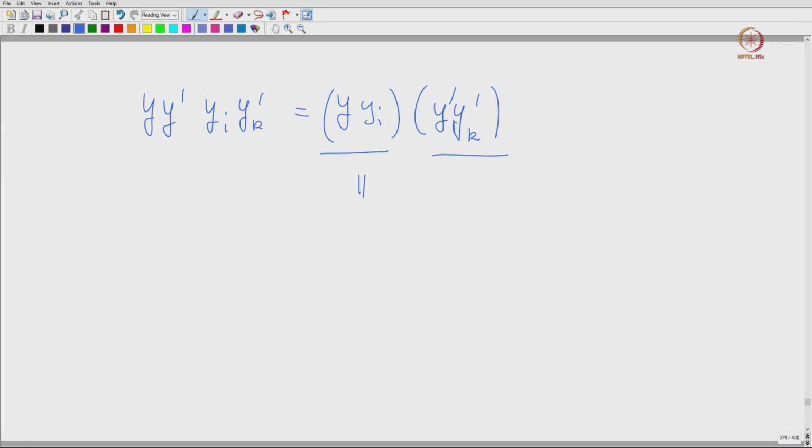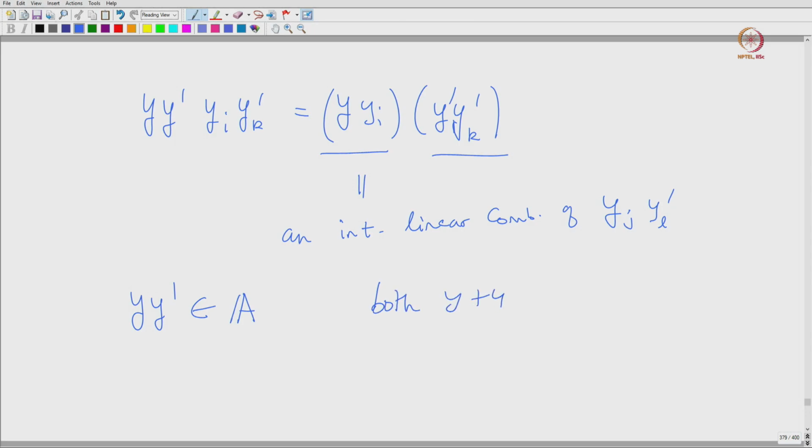So, that means the product is going to be an integral linear combination again of y_j y_l dash. So, that proves that y y dash satisfies again the criterion in the lemma. So, this must be an algebraic integer. So, both y plus y dash and y y dash are algebraic integers. That actually proves that the set of algebraic integers forms a subring of the complex numbers.